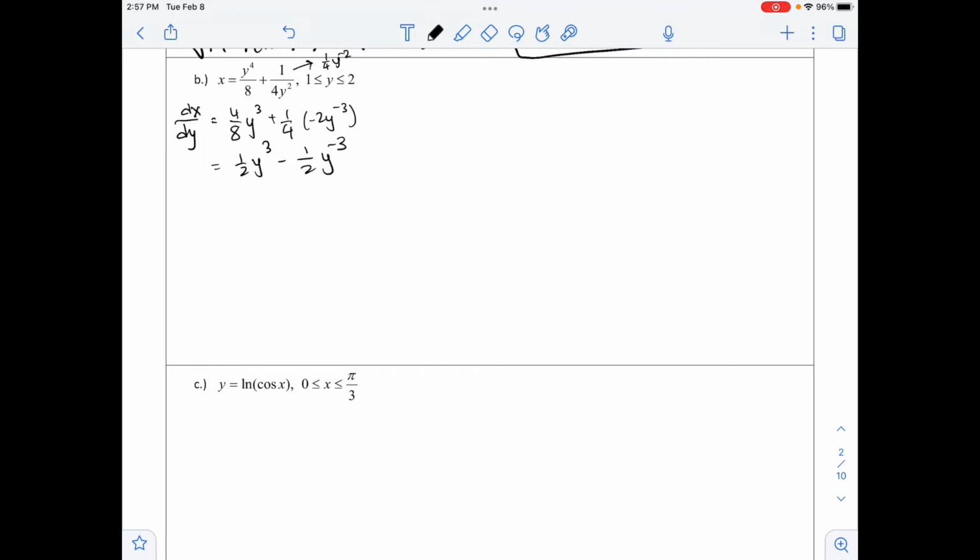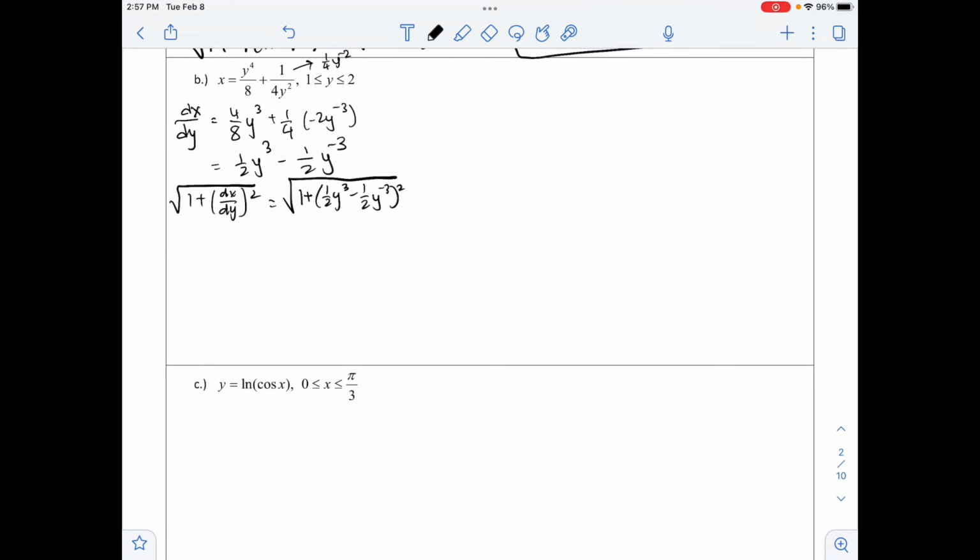And then from here, I have the square root of 1 plus (dx/dy) squared. Rewriting this, I'd have 1 plus (1/2 y cubed minus 1/2 y to the negative third) squared.